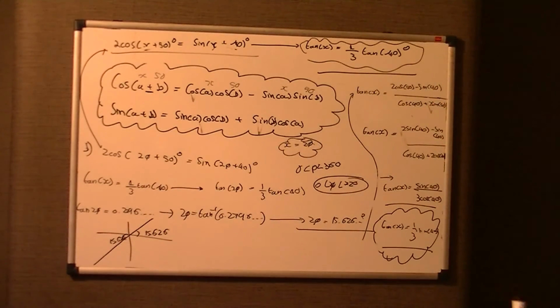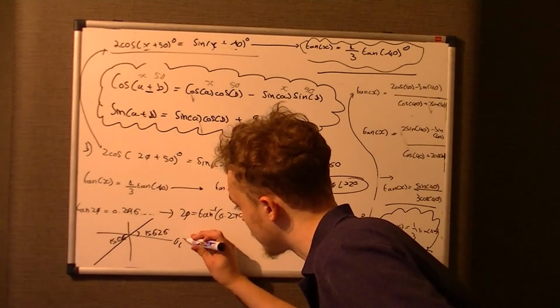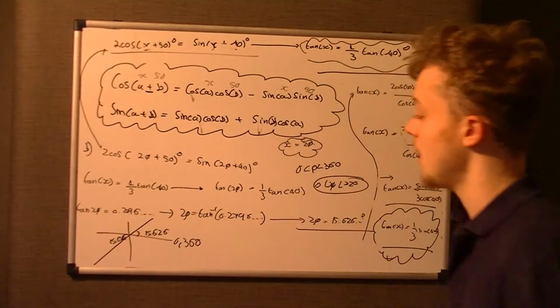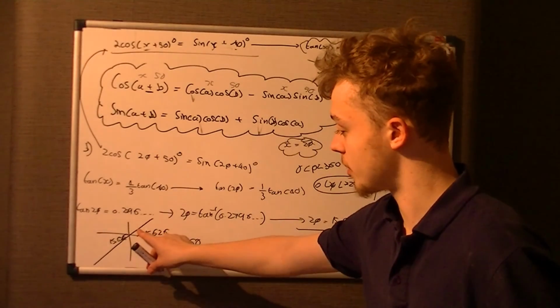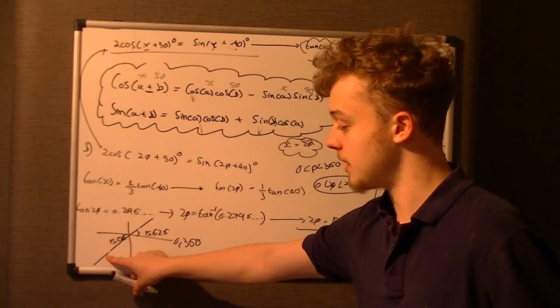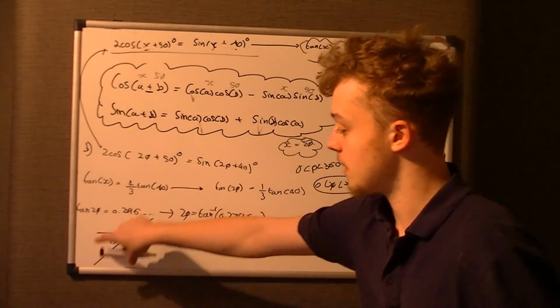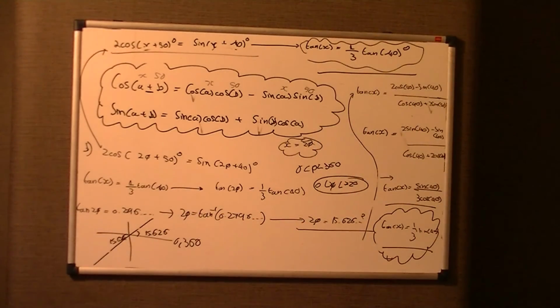Because this is 0 to 360, we'd hit the first one, go again, work out what the next hit was, and then go again and again. So ideally we should get 4 results.